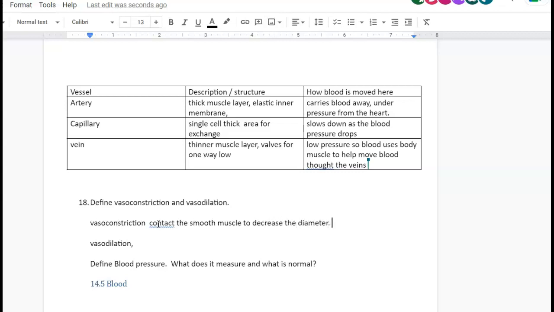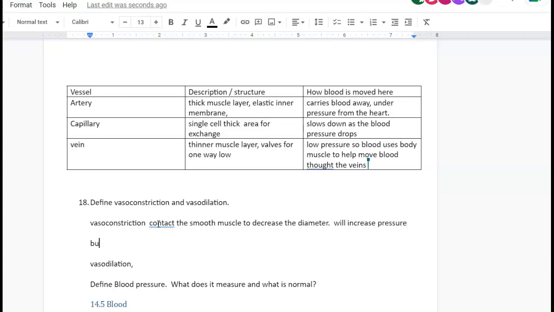Now, if you think of a hose, if you squeeze the hose, what's going to happen to the pressure? It will increase pressure, but eventually decrease flow. Good.